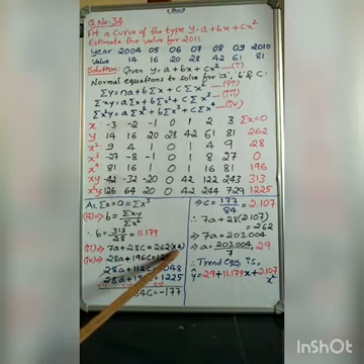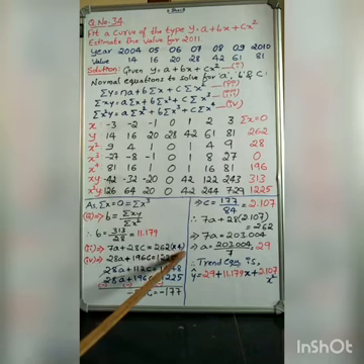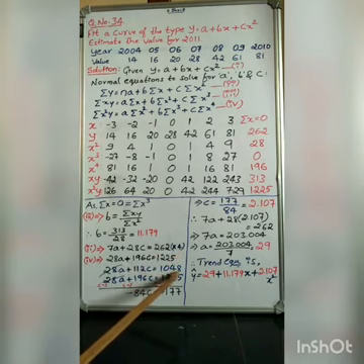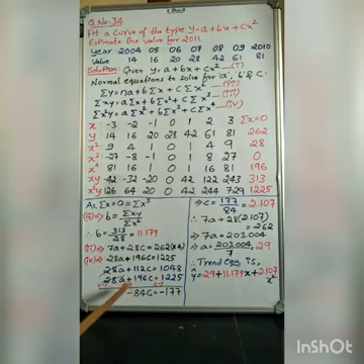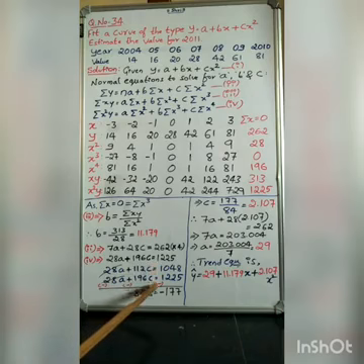So when you multiply by 4, 7 multiplied by 4 is 28A, 28 multiplied by 4 is 112, this C as it is, 262 multiplied by 4 is 1048. And this equation is kept as it is here: 28A plus 196C is equal to 1225.